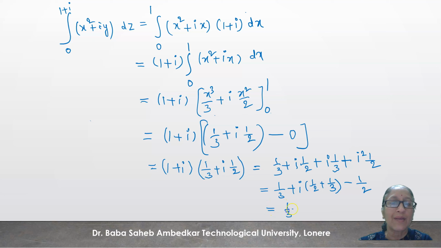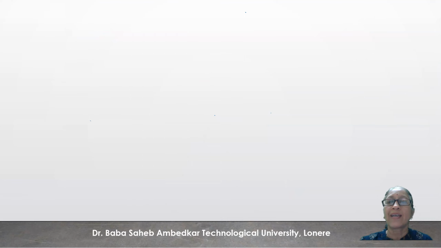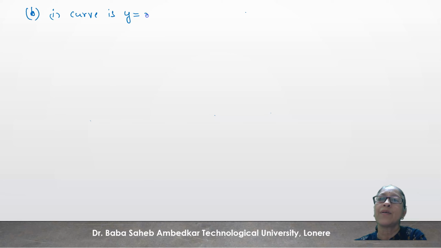This is 1 by 3 minus 1 by 2 plus i into 1 by 2 plus 1 by 3, which gives minus 1 by 6 plus 5 by 6 i. This is the value of this integral. Now let us find the value of this integral along the path y equal to x square. So here the curve is y equal to x square.